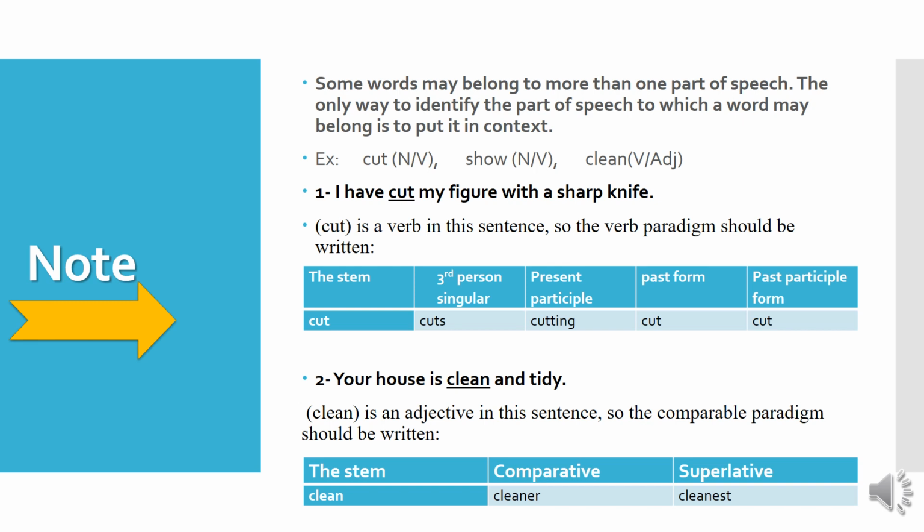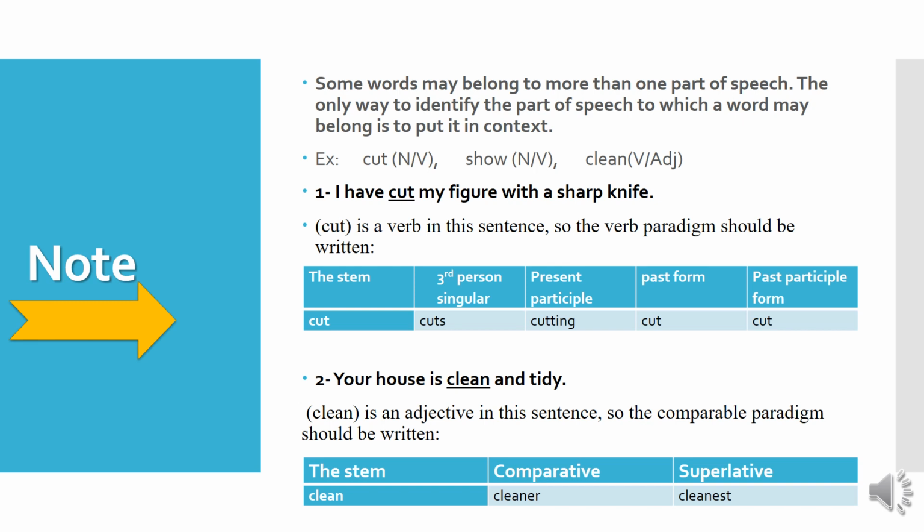So the verb paradigm of the word cut consists of the stem, cut, the third person singular cuts, the present participle cutting, the past form cut, and the past participle form cut. Because it is a verb, we have to write a verb paradigm.